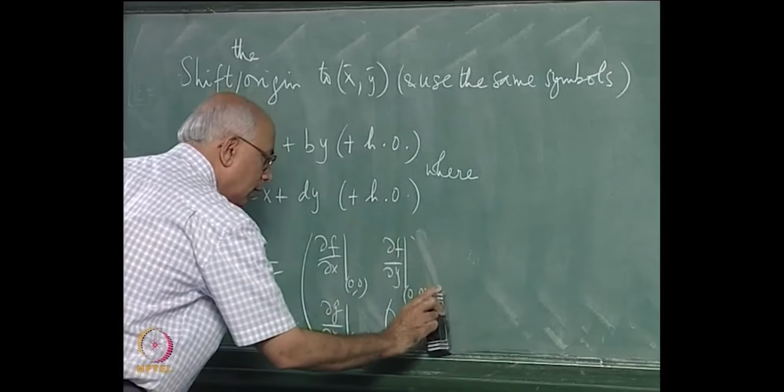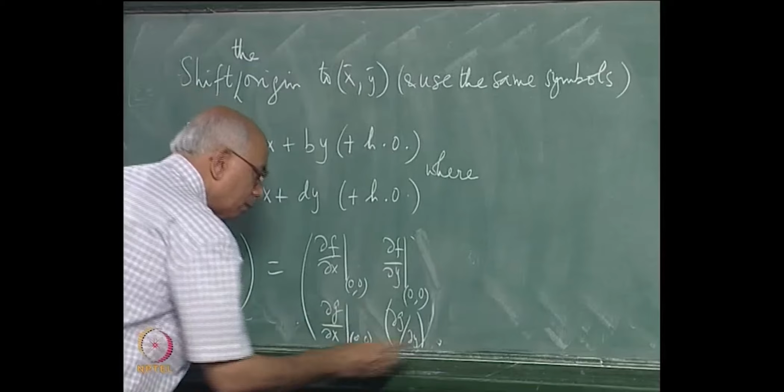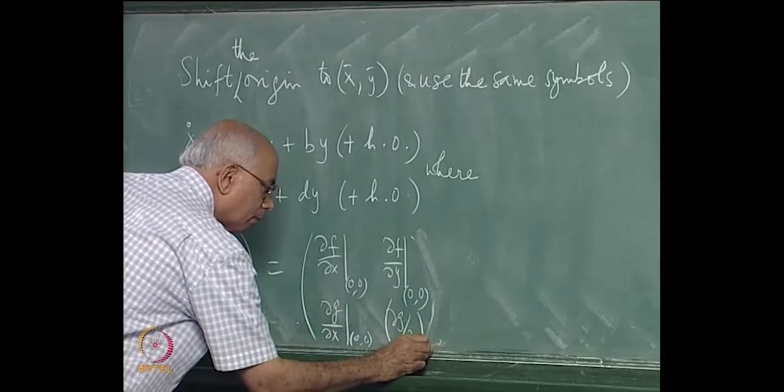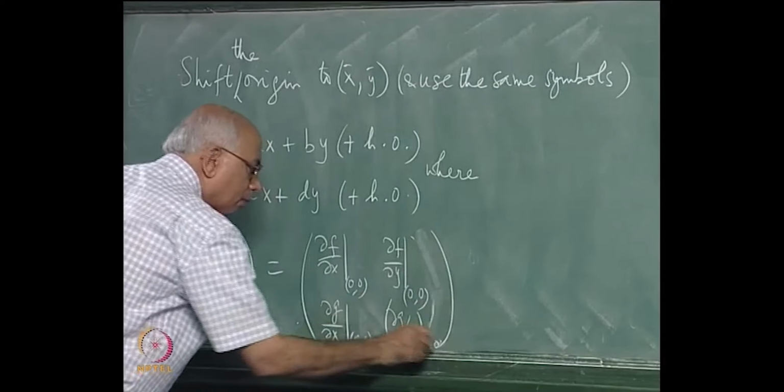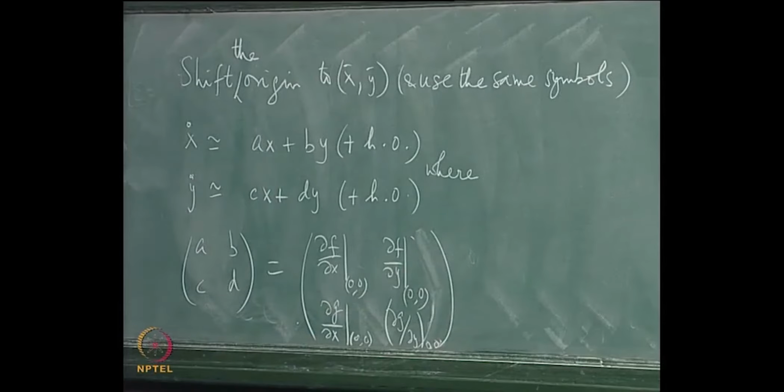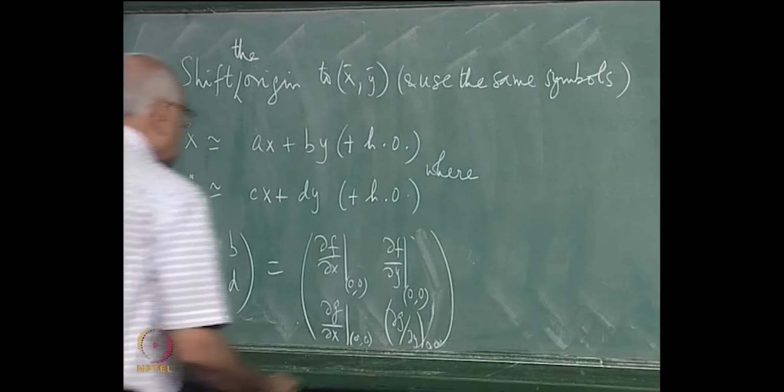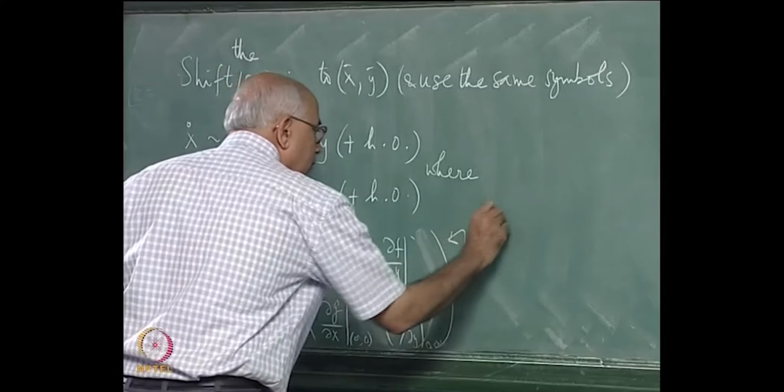Let's write this neatly. This matrix of partial derivatives at any point is called the Jacobian matrix at that point.